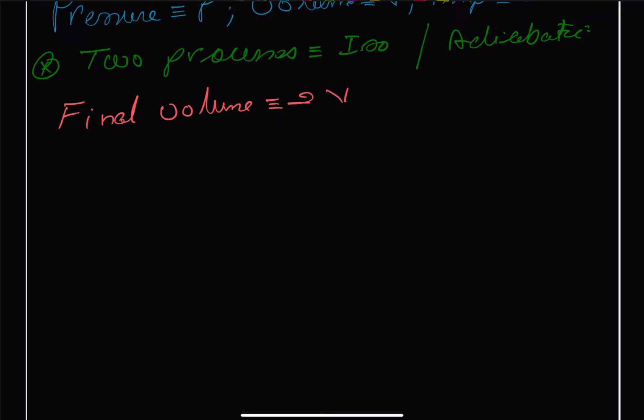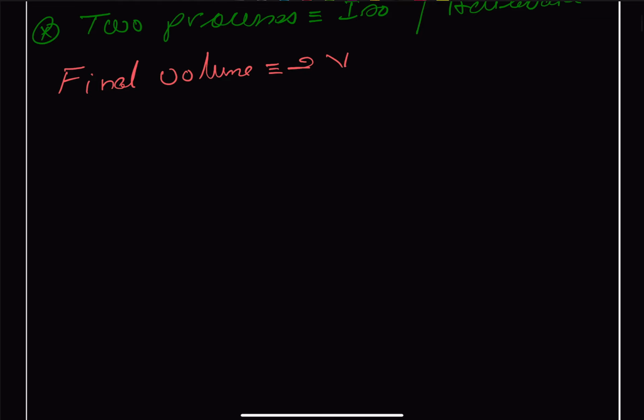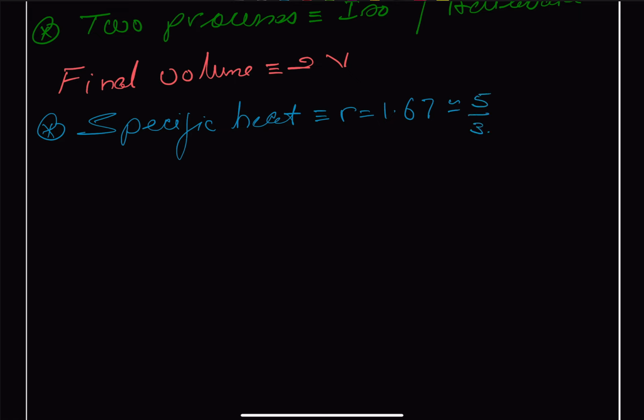We are also given the specific heat ratio, that is our gamma is given as 1.67, which is approximately equal to 5/3.